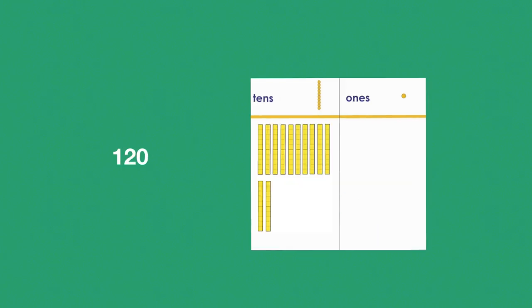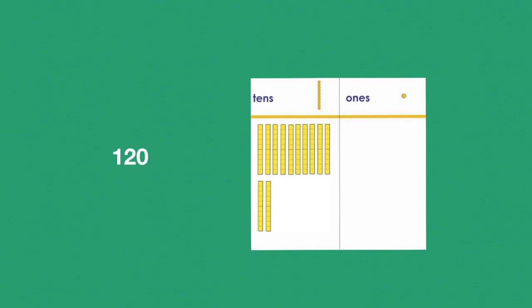Let's try one more. Our number here is 120, represented in rods and units. We'll start here. We have 1, 2, 3, 4, 5, 6, 7, 8, 9, 10, 11, 12.